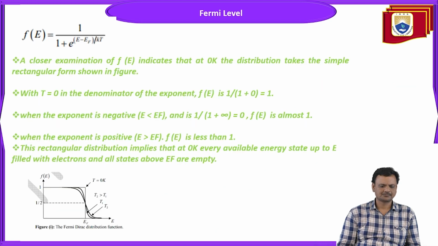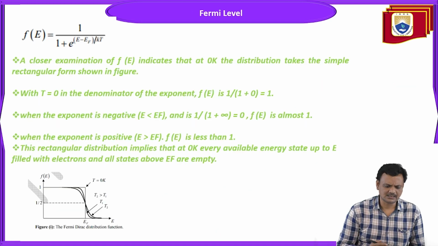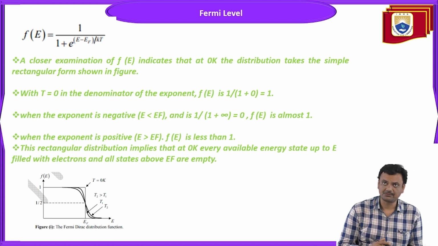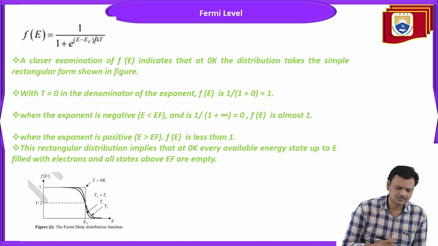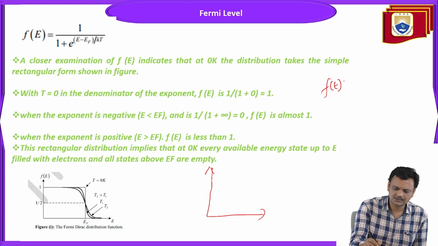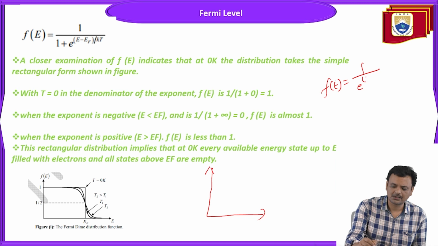Now the same thing is written here. What happens once we increase the temperature, the effect of temperature on the Fermi level? You can see this by this plot, and also visualize the effect of temperature by this expression, e to the power (E minus EF) by kT, plus 1.